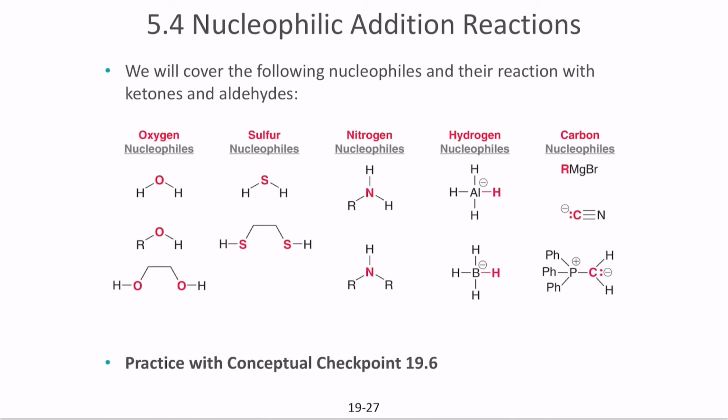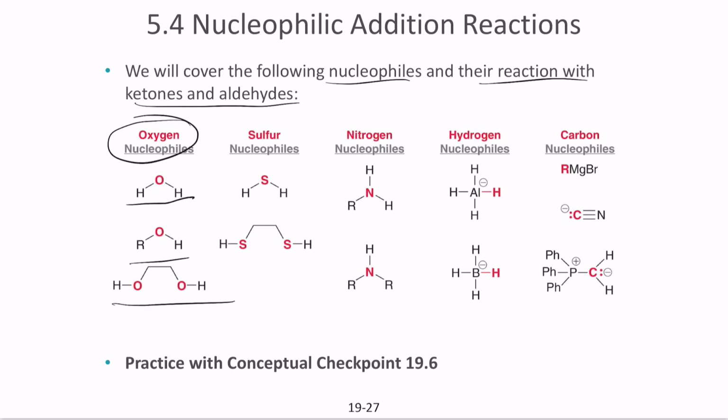So in this lecture, we will try to cover the following nucleophiles and their reactions with ketones and aldehydes. First are oxygen nucleophiles, which are water, alcohols and diols. Sulfur nucleophiles, which are sulfides, sulfoxides, sulfonates. Next are nitrogen nucleophiles, where you have amines, primary amines and secondary amines.